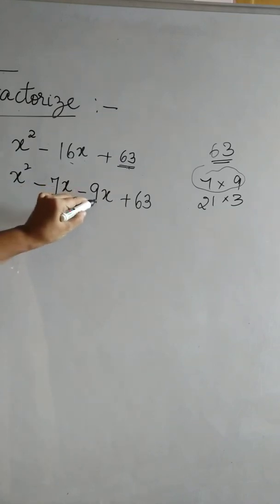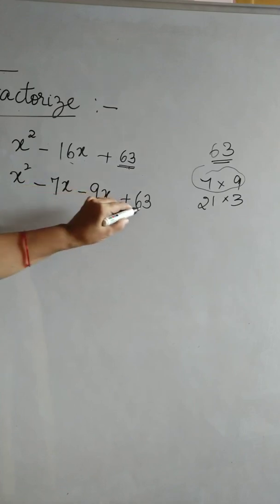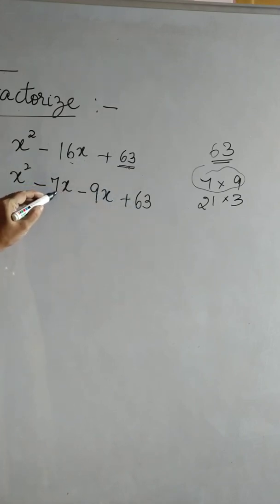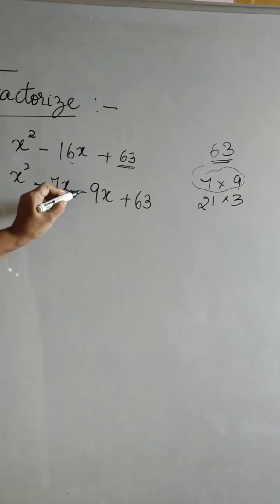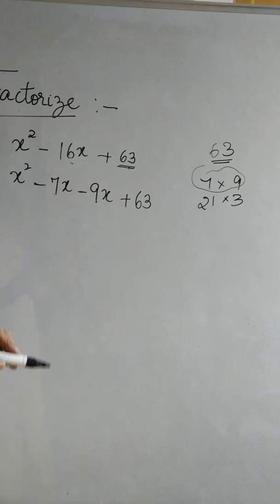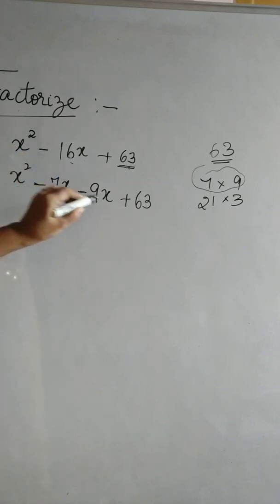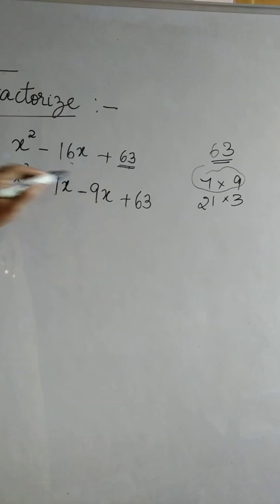See, when you multiply these two numbers, we get 63. When you add these two numbers, we get 16. So here I have taken both the factors as minus 7 and minus 9 because here is a negative sign. So when we add both the numbers, we should get minus 16.